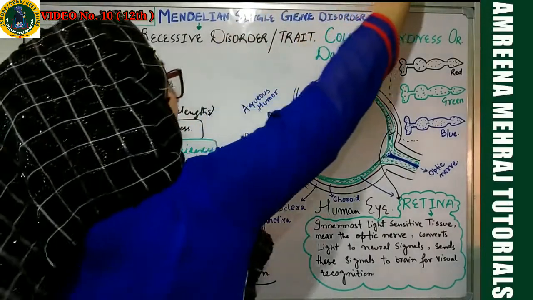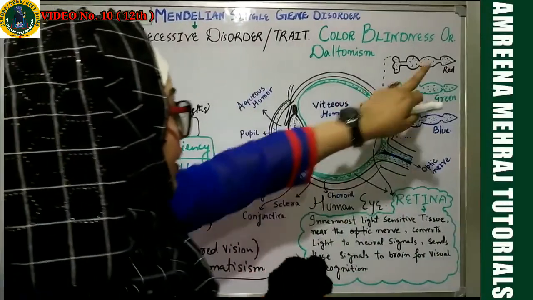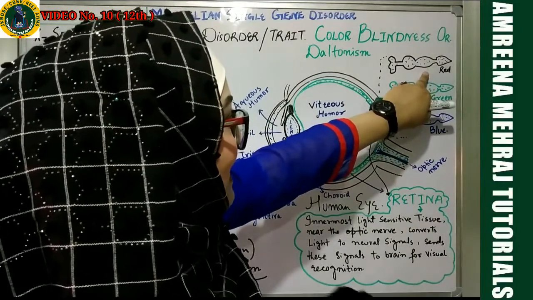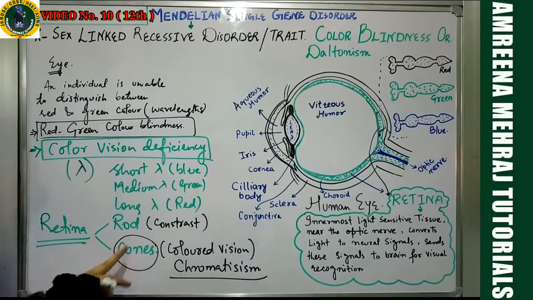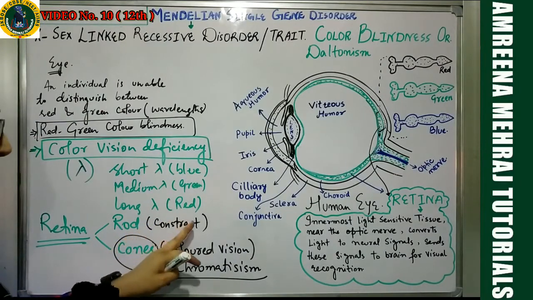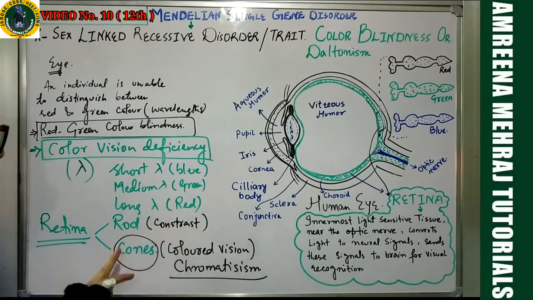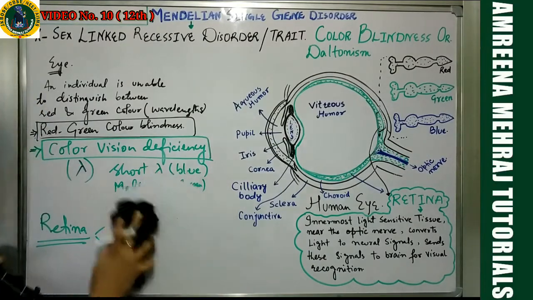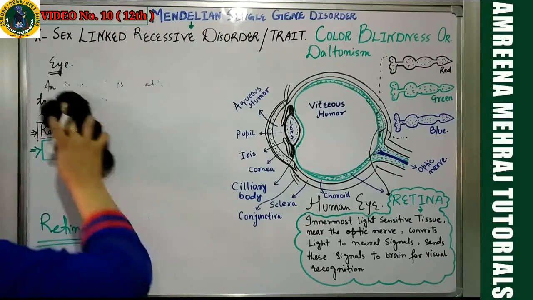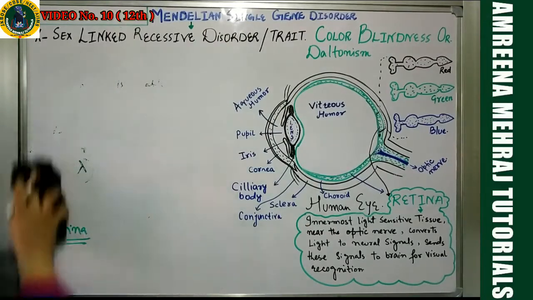Now, what is important as far as the red cones are concerned? So I'll write down over here. Remember that retina has rods and cones. Rods for the contrast vision, rods for the purpose of the dim vision, cones for the colored vision. Now, let us focus upon the retinal cones. Pay attention.